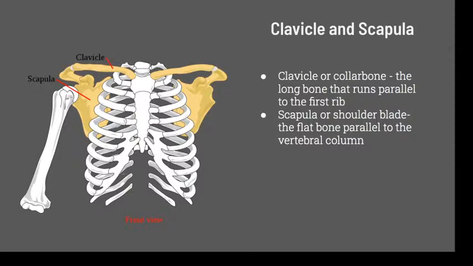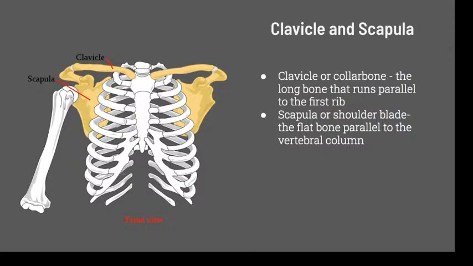So first we have the clavicle and scapula. Forming the shoulder girdle are the ventrally located clavicle and the dorsally located scapula. The clavicle, more commonly known as the collarbone, is a long curved bone that runs parallel to the first rib.